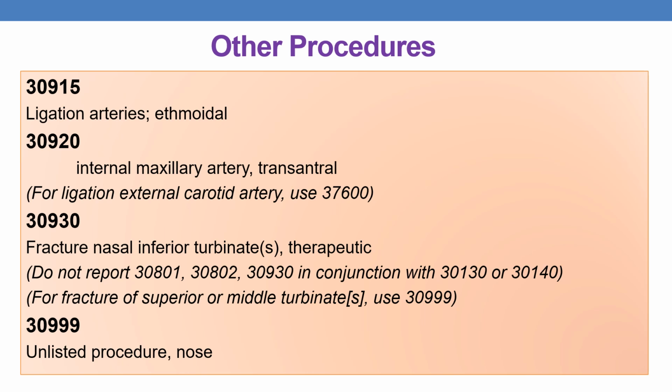And for ligation external carotid artery, use 37600. The next is 30930, fracture nasal inferior turbinate therapeutic. And do not report 30801, 30802 and 30930 in conjunction with 30130 or 30140. For fracture of superior or middle turbinate, use 30999. And finally, 30999 deals with unlisted procedure, nose.